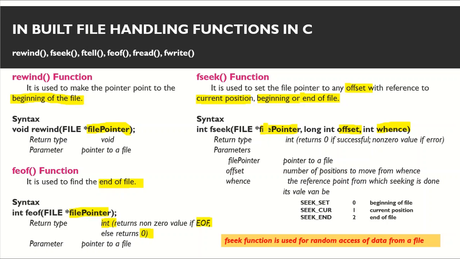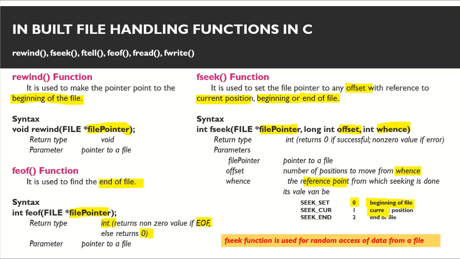File pointer is a pointer to the file and offset is the number of positions to move from the value of whence, and whence determines the reference point from which the seeking is done. The reference point can be the beginning of the file, for which we can write 0 or SEEK_SET.